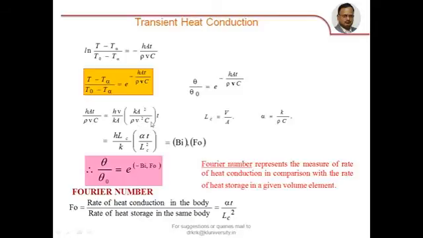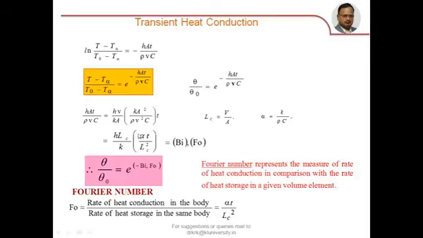And rho VC by k, k by rho C is alpha, and again you have V by A, another V by A is LC square. So it becomes alpha t by LC square, where alpha is thermal diffusivity, meter square per second, t is in second, LC square is meter square.